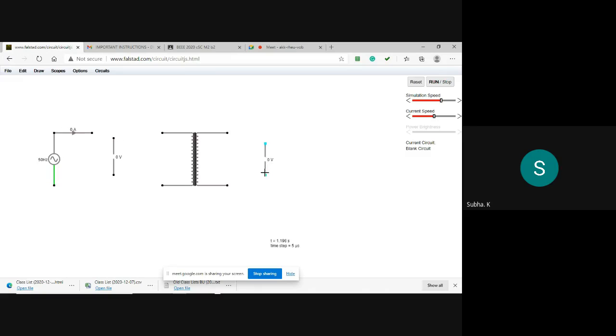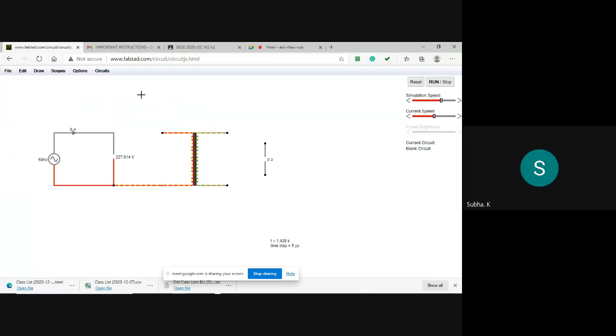Then here also voltmeter, ammeter. Then, instead of a wattmeter, I will try to give a current coil and a pressure coil.